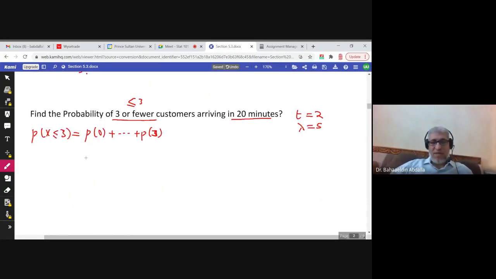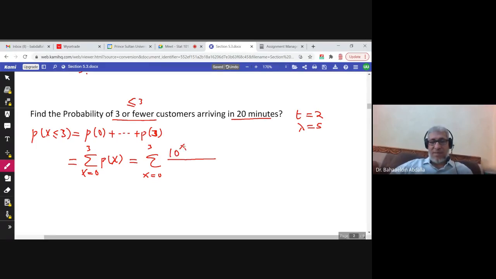So how to find this probability? I can use the summation symbol in the calculator. I can write the summation of probability of x, where x is from 0 to 3. And then I write the formula of probability of x. What is the formula? Poisson distribution. Lambda times T is 10, to the power x.